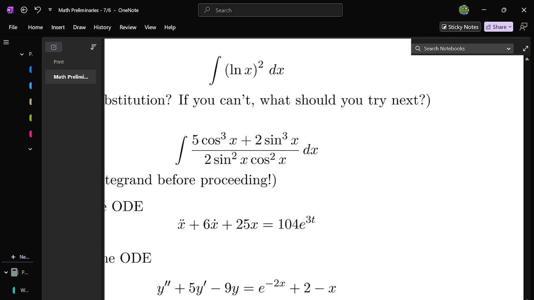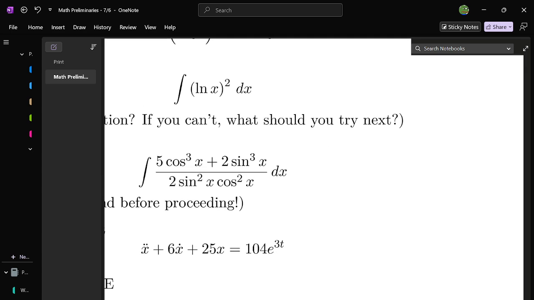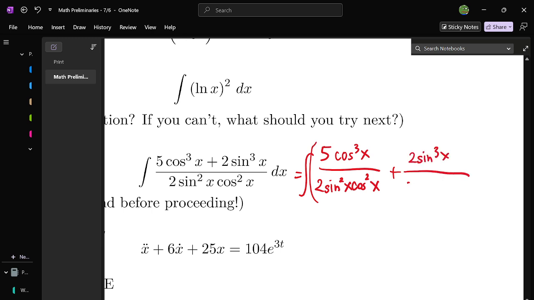When you have something plus something in the numerator, it should hint to you that you can split this into two separate integrals like that.